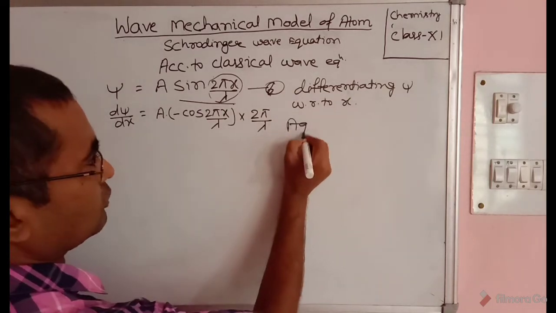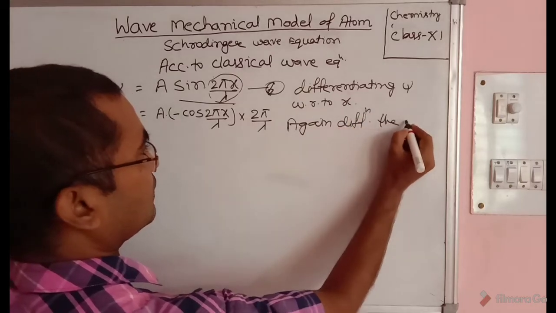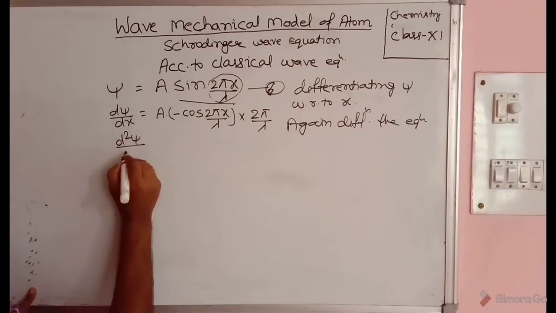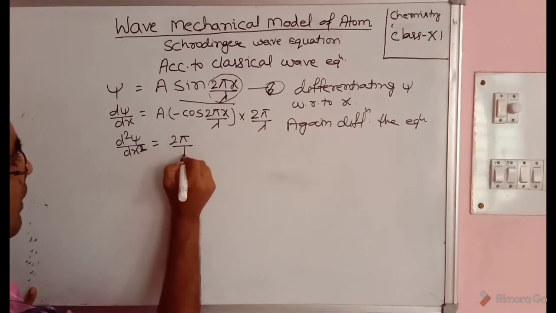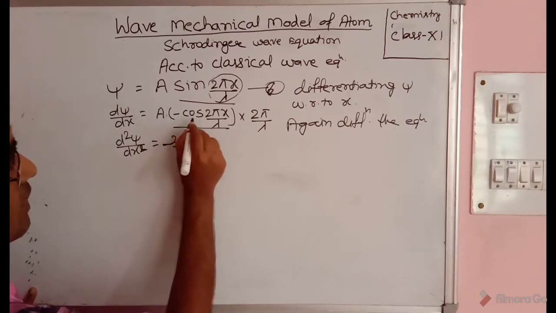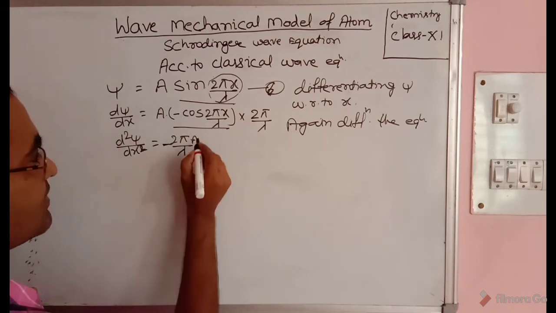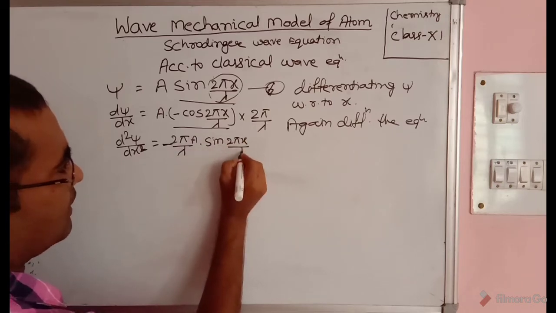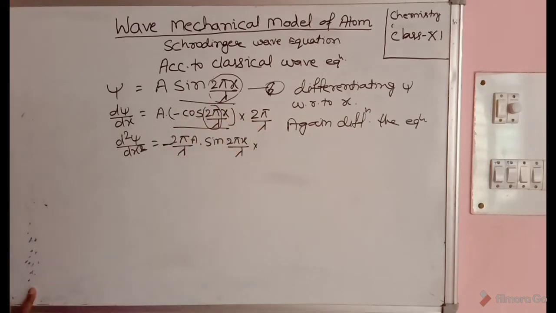Again differentiating the equation, d square psi by dx square is equal to minus 2 pi by lambda into a sin 2 pi x by lambda into 2 pi by lambda, since the differentiation of cos is minus sin and the differentiation of x is 1.